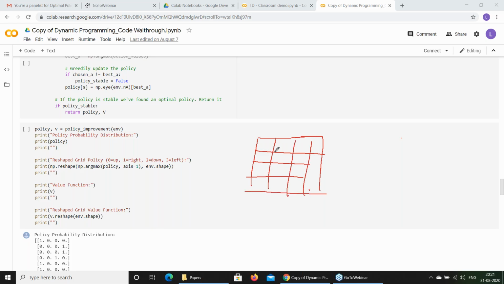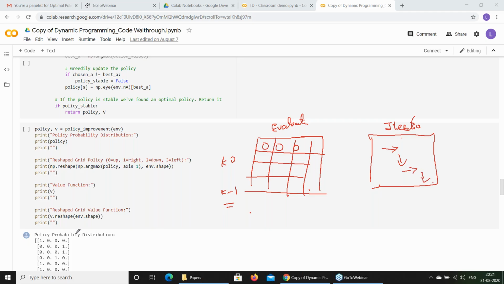We are trying to find out the values, initiated with 0, across K0, K1. This is what we found out. Then after finding that out, we did the evaluation, then iteration. When we do the iteration, it gives the arrow. This is how we move out from ones. This kind of iteration talks about the policy distribution.